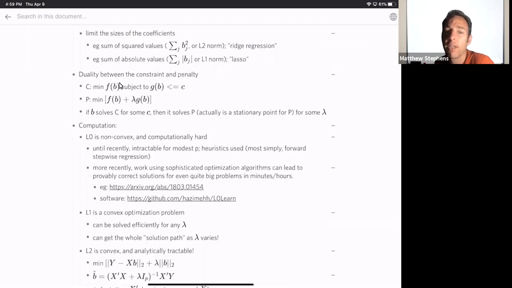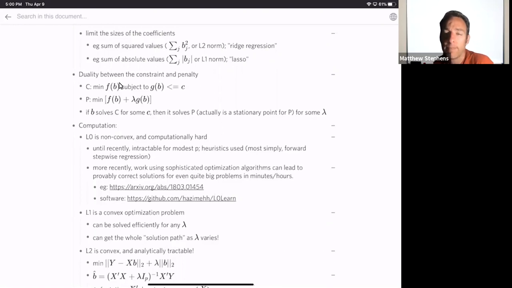Until recently, at least, it was essentially intractable for modest values of p, and heuristics were usually used to solve it. The simplest heuristic people would use would be just forward stepwise regression.